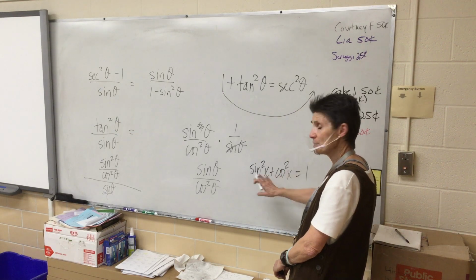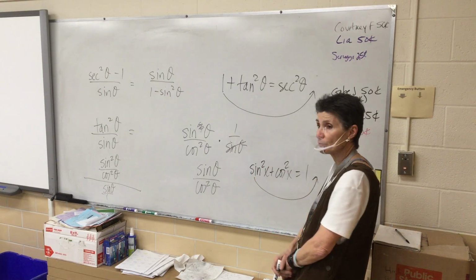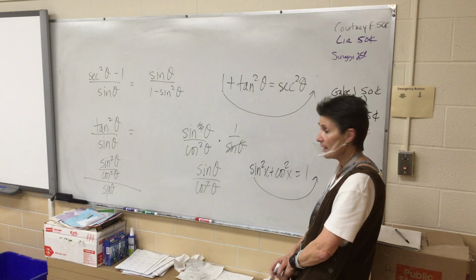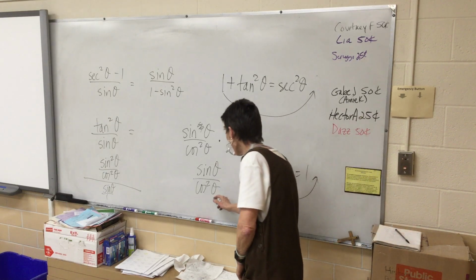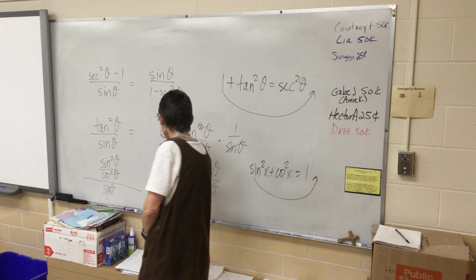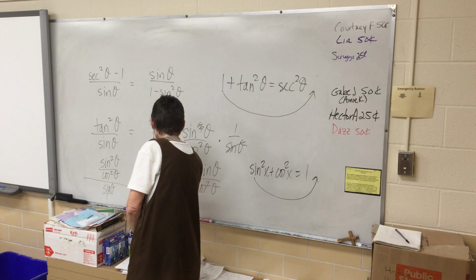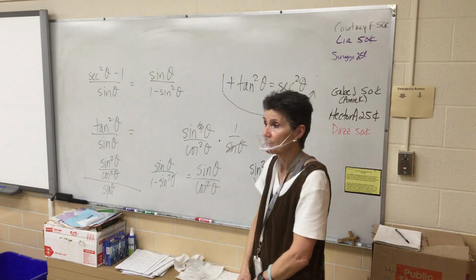Then you can rearrange this lots of different ways, but one way is to bring the sine squared over here, and then it says cosine squared equals 1 minus sine squared. So I'm out of room, but it's sine over 1 minus sine squared, and that's what you wanted to end up with.